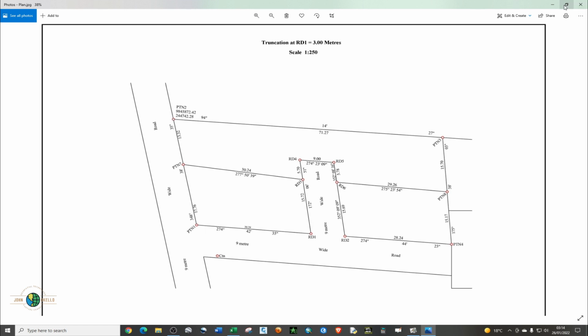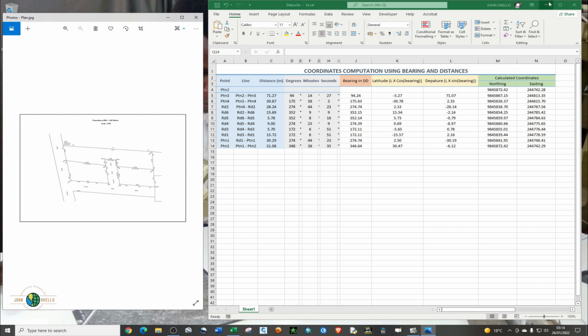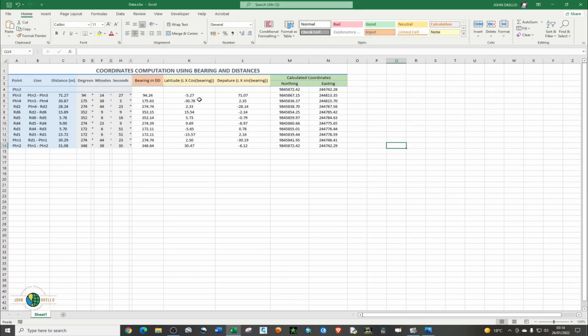Let's see if the PTN 2 that you have just calculated tallies with what we had in the plan. So this is the coordinates for PTN 2 that we had originally in the plan, and this one is the calculated PTN 2 coordinates.